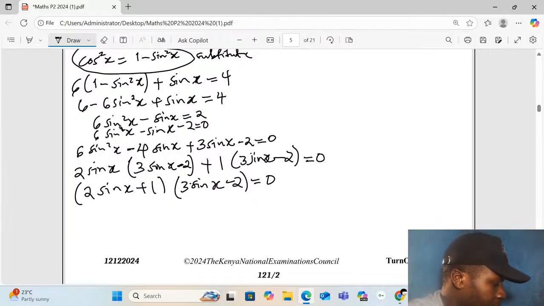Still have something small to finish on that. And that one becomes sin x.